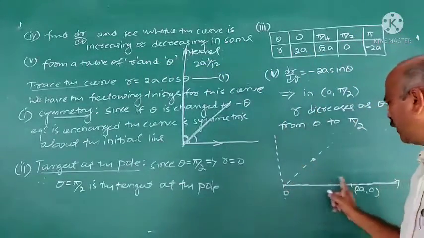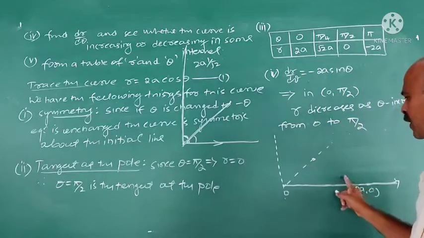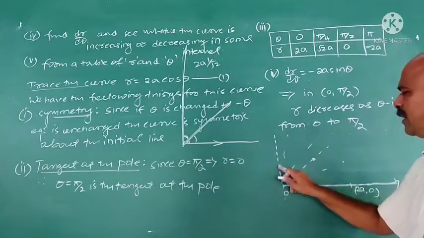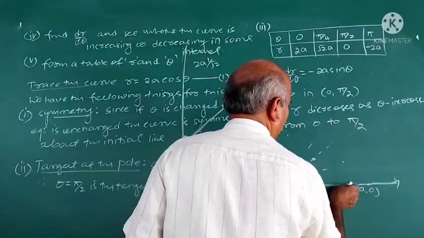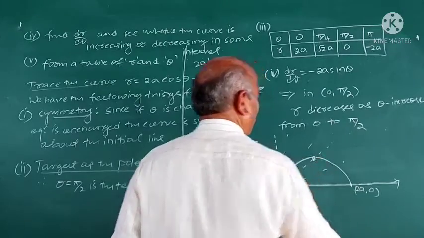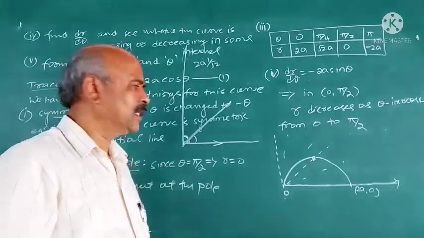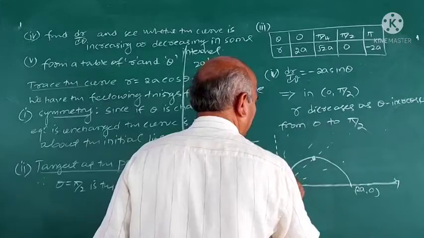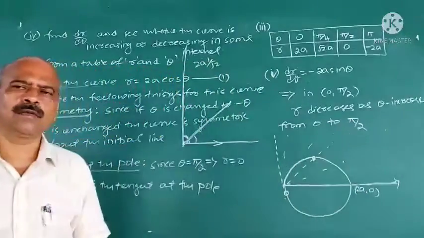When theta is 0, r is maximum, 2a. As theta increases, finally when theta is pi by 2, it becomes 0. Therefore, r monotonically decreases when theta increases from 0 to pi by 2. And by symmetry, this is the curve.